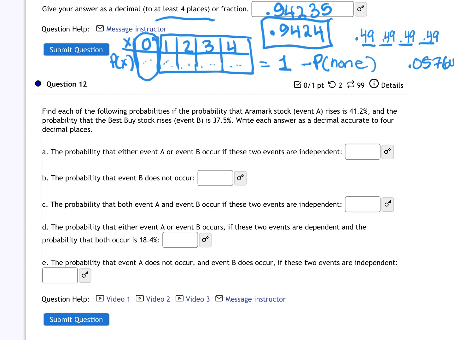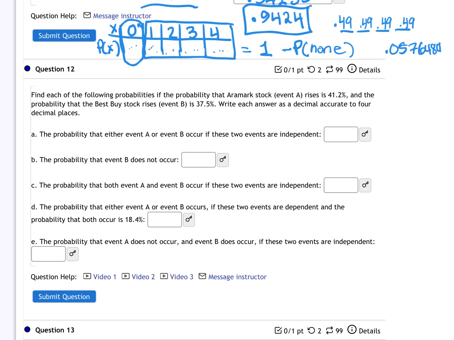Each of the following probabilities is a probability of the Amarok stock, event A, rises, and the probability that Best Buy stock rises. Write each of the 4 answers. The probability that either A or B rises if the 2 events are independent. All right, so independent means that they don't affect one another.